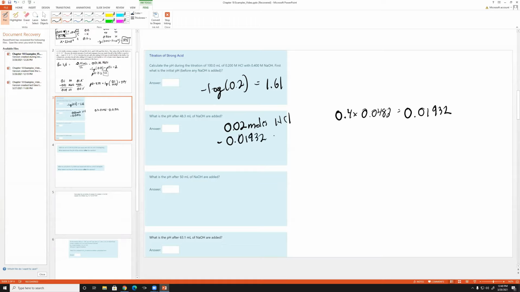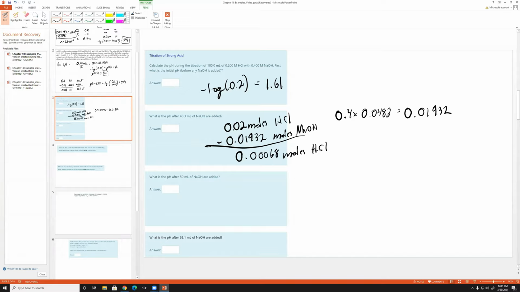And it's almost all of it. And this only gives us a remainder of 0.00068 moles of HCl.